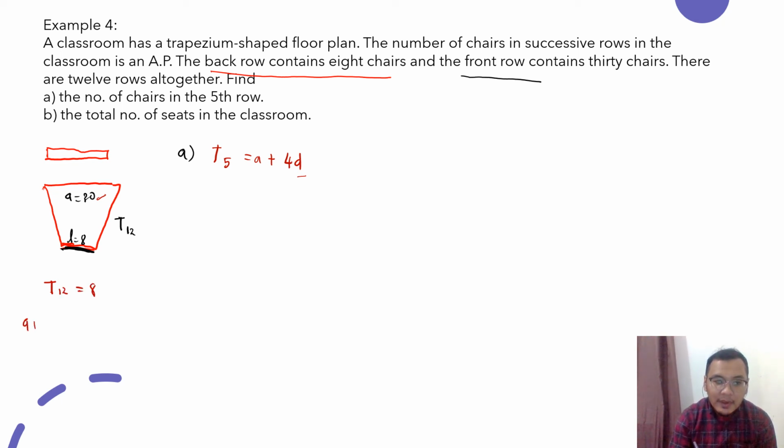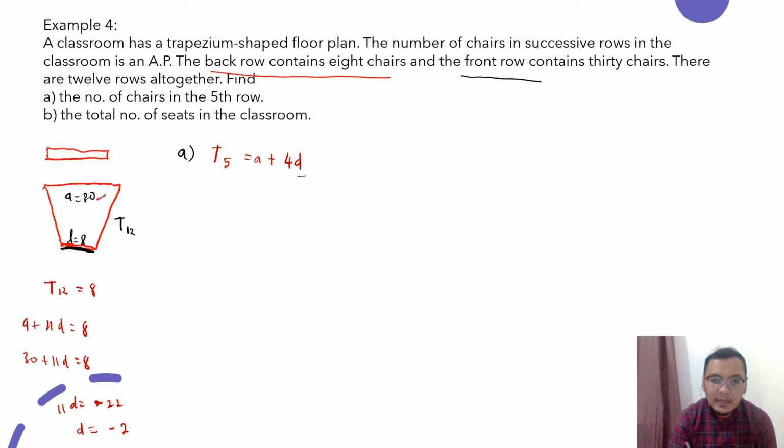So A plus 11D equals 8, 30 plus 11D equals 8, 11D equals 8 minus 30, which is negative 22, so D equals negative 22 over 11, which is negative 2.